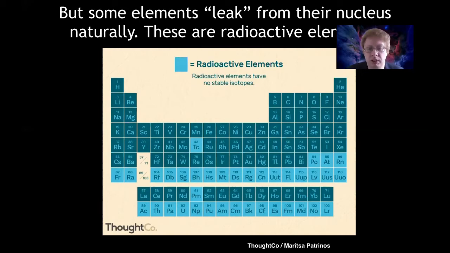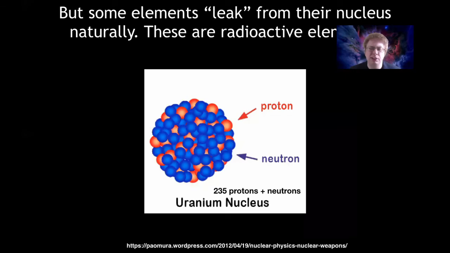And what you'll notice is that, with a couple of exceptions, all of these radioactive nuclei are very large atomic numbers. So these are nuclei that have lots and lots of protons, lots and lots of neutrons in their nucleus. So the bigger a nucleus is, the easier it is for one of these protons or neutrons to leak out. That kind of makes intuitive sense, right?